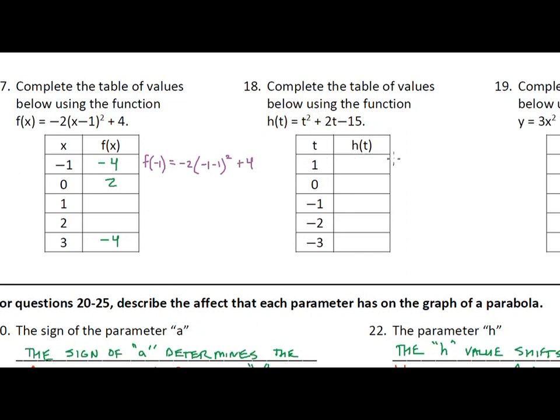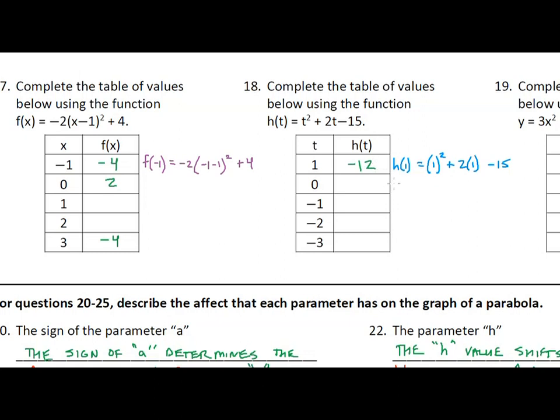So in this case, h of 1 is equal to 1 squared. Notice I put that in parentheses so the calculator knows that I'm squaring a positive 1. And then this is 2 times 1 in parentheses, and then subtract 15. Put that in your calculator and you are going to get -12.